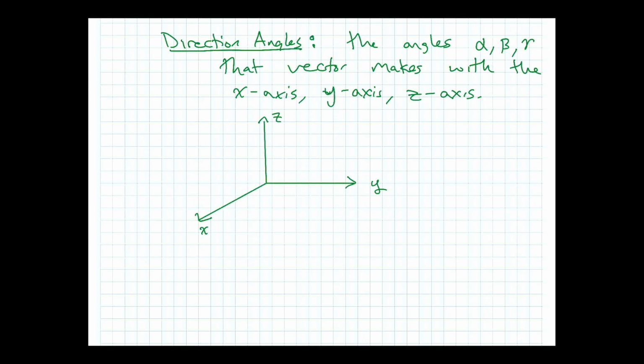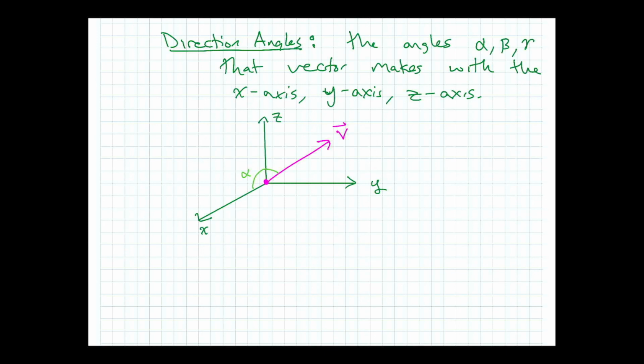Okay. So if you've got a vector in space, starting at the origin and pointing up like that, let's say this is the vector v. There are three angles that you could measure here. I mean, there's a lot more than three angles, but the three that we care about are these: you can measure one angle from the vector to the x-axis, and that could be alpha.